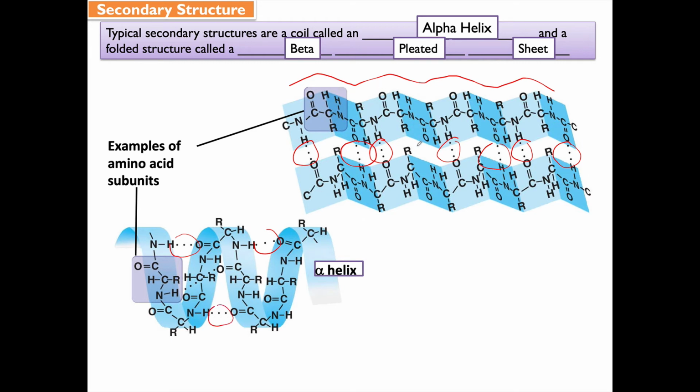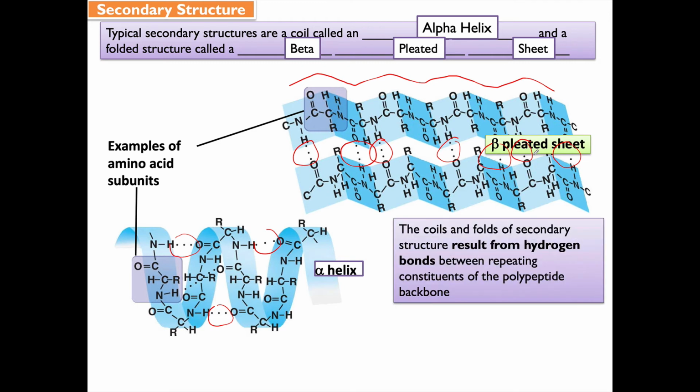These hold these sheets in place. So they're very important the way they line up, so the right H's can bond with the right O's and keep that structure sound. So the coils and folds of secondary structure result from hydrogen bonds between repeating, we'll just call them units of the polypeptide backbone.